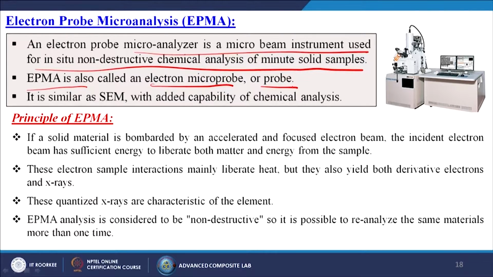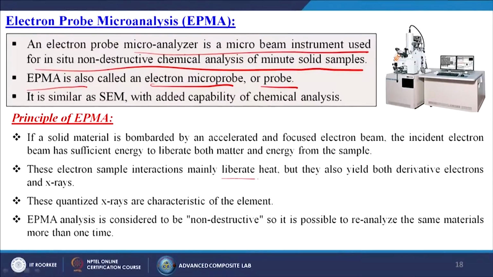Principle, how it is working: if a solid material is bombarded by an accelerated and focused electron beam, the incident electron beam has sufficient energy to liberate both matter and energy from the sample itself. These electron sample interactions mainly liberate heat, but they also yield both derivative electrons and X-rays.